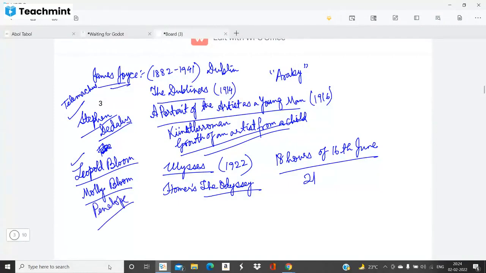And there are many, many such beautiful analogies. And the text ends with Molly Bloom's long internal monologue, which is almost 45 pages before she falls asleep, and there are no punctuations in those 45 pages.